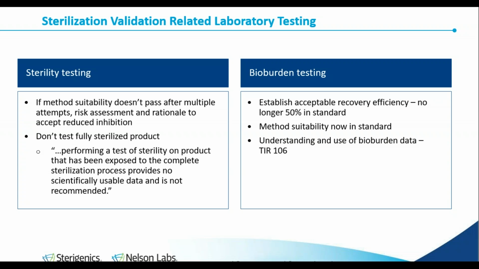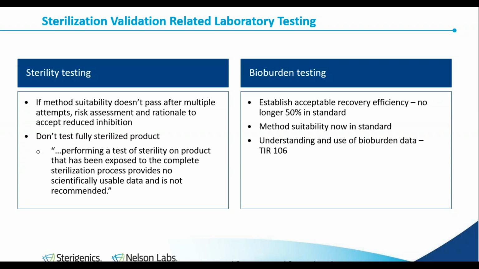So the sterility testing, the ISO sterility document, the 11737-2, we did a new version of that last year, finished it up last year, and there are a couple of main points I want to pull out of that document. So the first is we added some guidance in there regarding method suitability or the BF test.